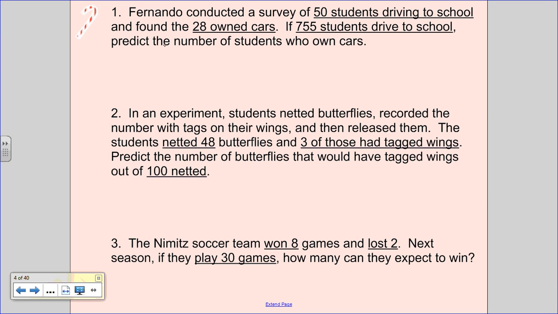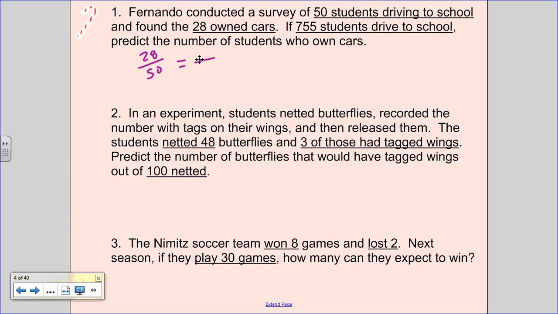Of a survey of 50 students, 28 of them own cars. So we know that 28 out of 50 own cars. Then we also know that there's a total of 755 students who drive to school.